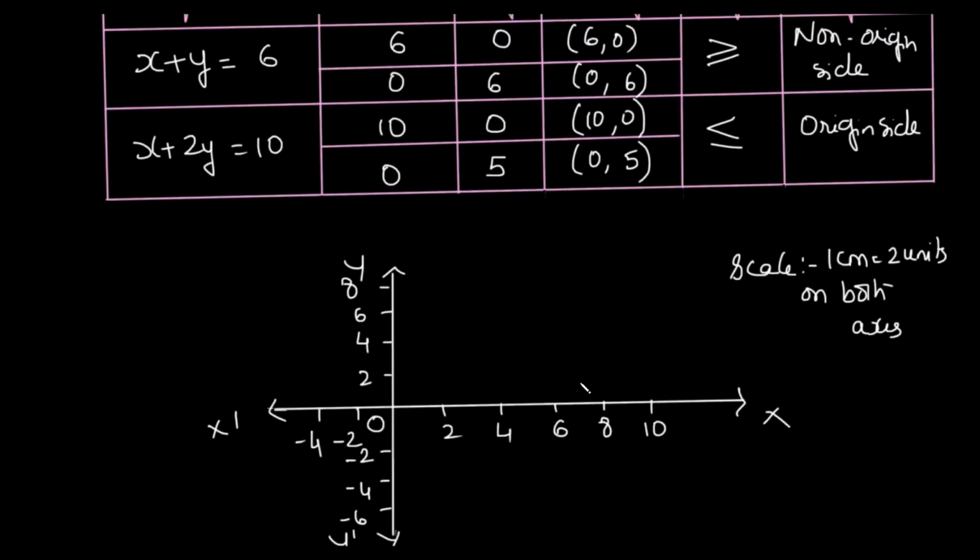Then plotting the points. The first one is 6, 0 on the x-axis, and on the y-axis 0, 6. So 0, 6 comes here, and thus we draw the line and write the equation of the line also.